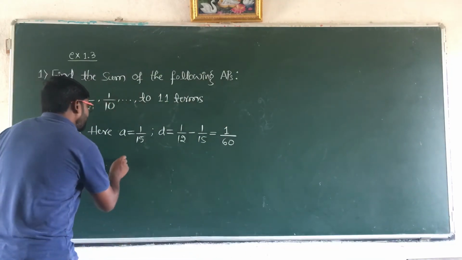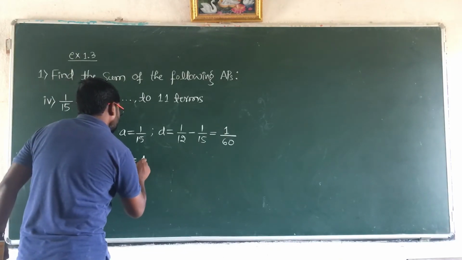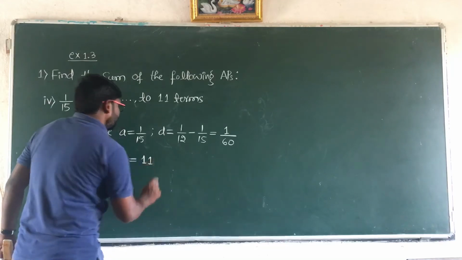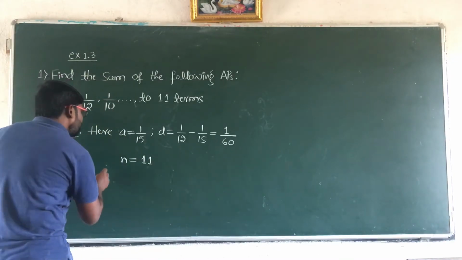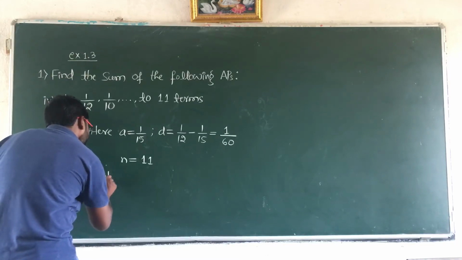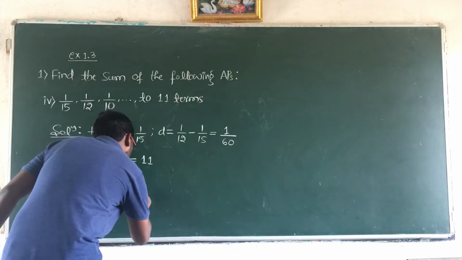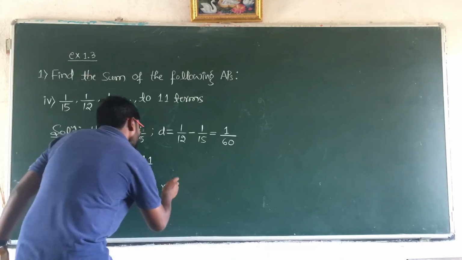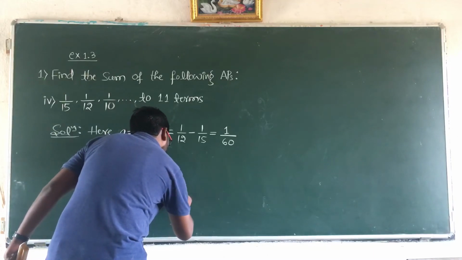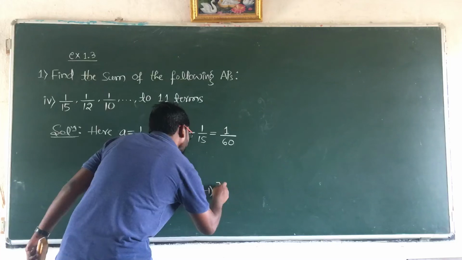And then what is the value of n here? n is equal to 11. So now we will have to find the sum of the first 11 terms. We have Sn equal to n by 2 into 2a plus n minus 1 into d.